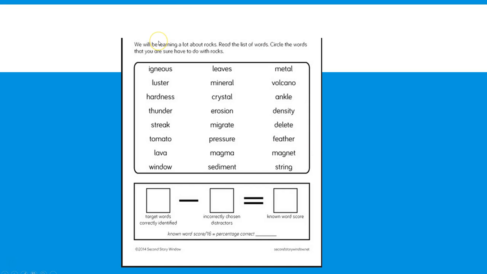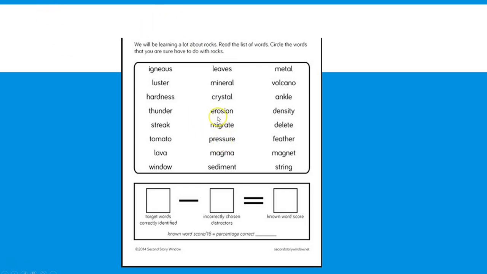So if you had, say, a science lesson about rocks, this might be something you would use as a pretest, and you would ask the students to circle the words that you are sure have to do with rocks. So they would go through and circle whatever words they think are related to rocks.